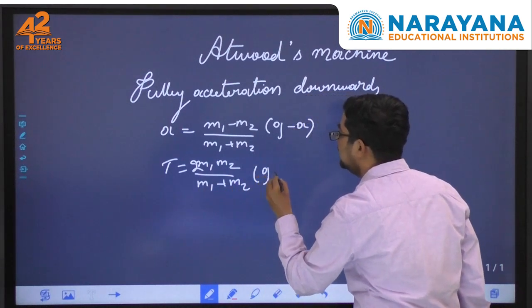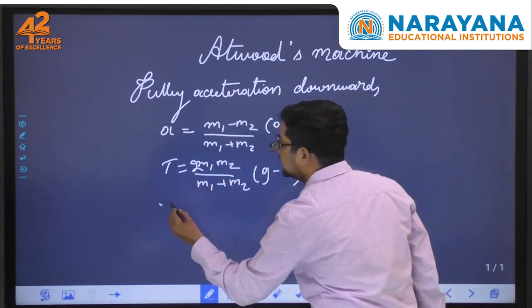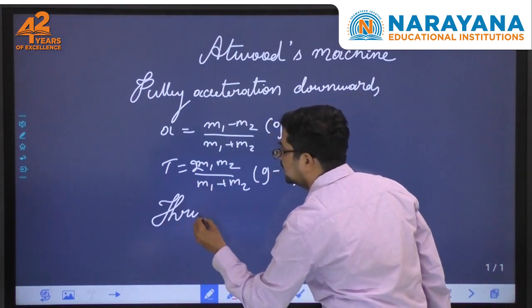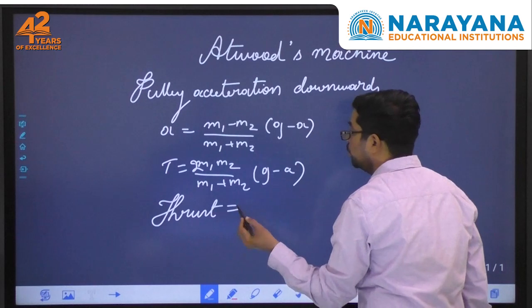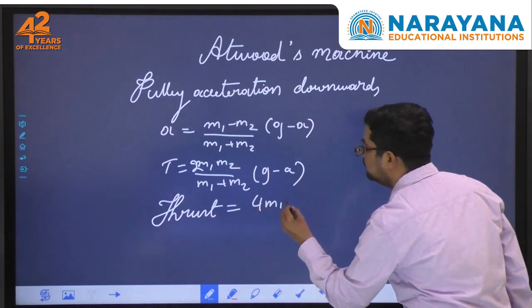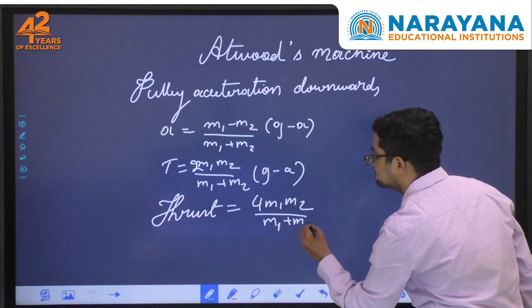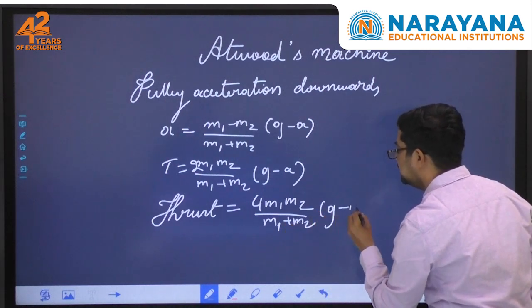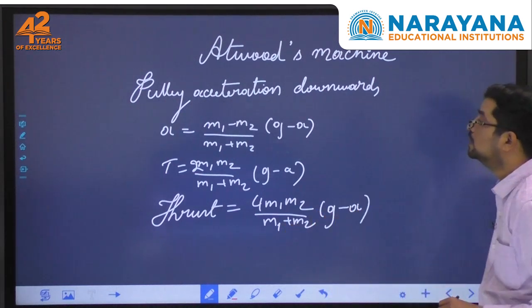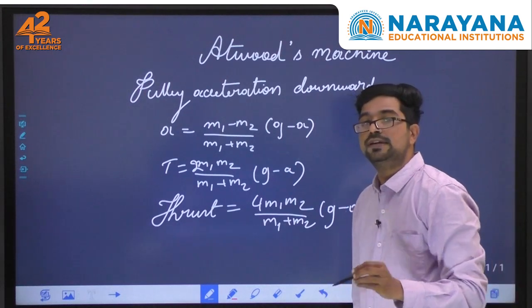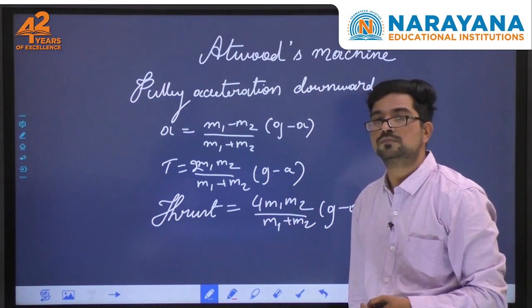Just replacing g with g minus A, the thrust will be equal to 4m1m2 by (m1 plus m2) of (g minus A). These are the different terms in the pulley when it's moving upwards or downwards.